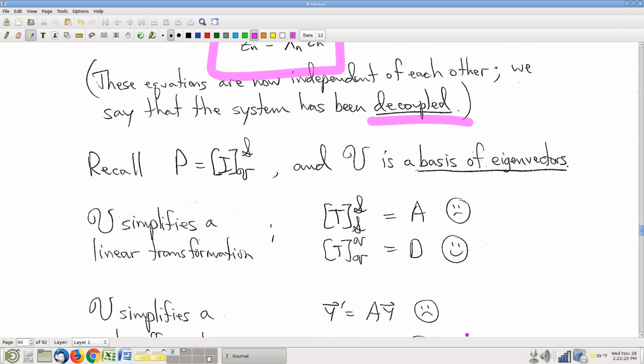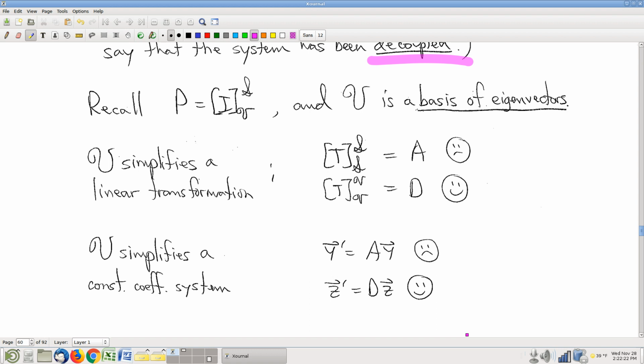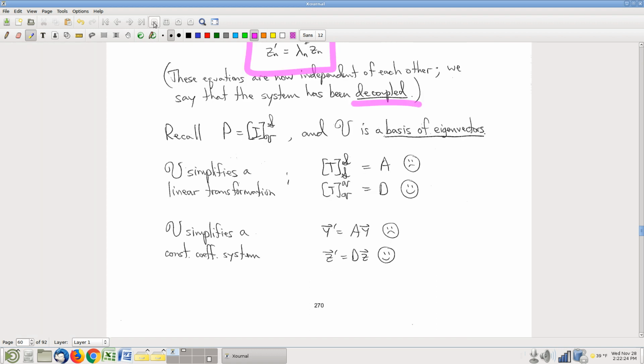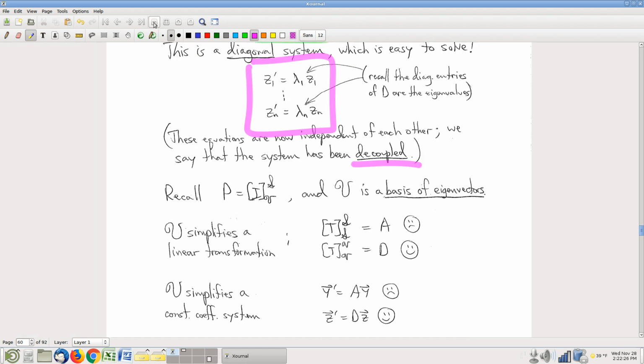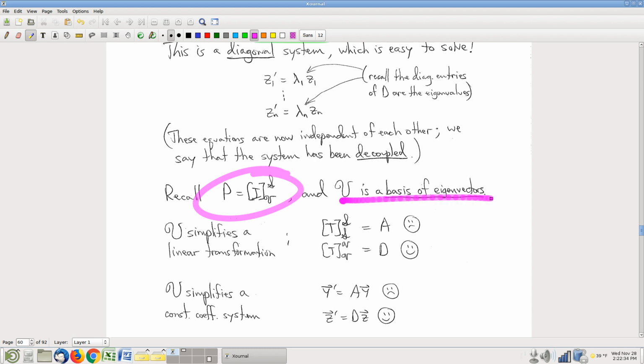And by the way, this little bit here is just a reminder of what's happened. This diagonalizing matrix, the P, the thing that allowed us to diagonalize, is made up of the eigenvectors. And that change of basis matrix helps us understand a linear transformation by making it diagonal.